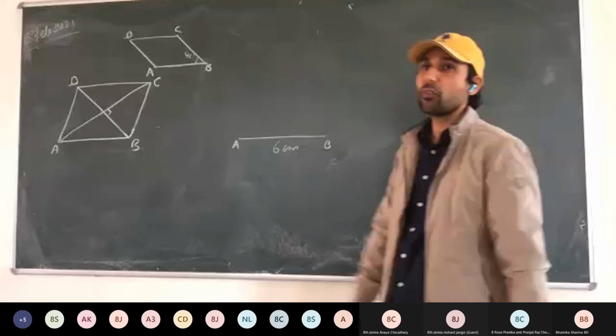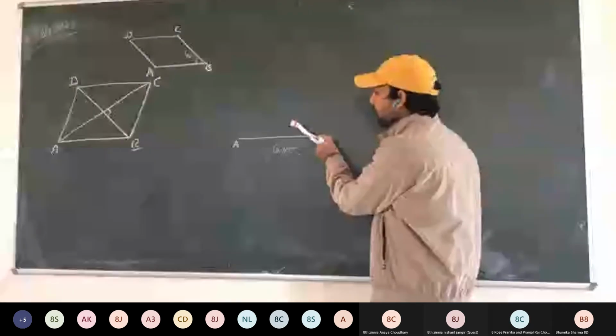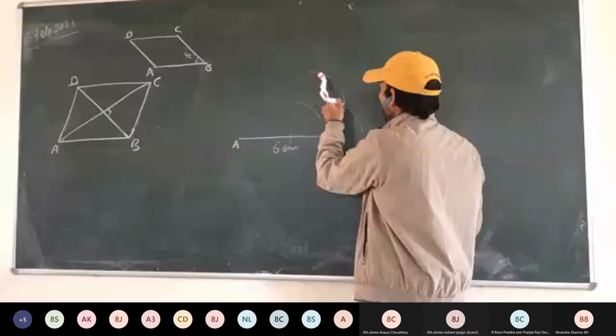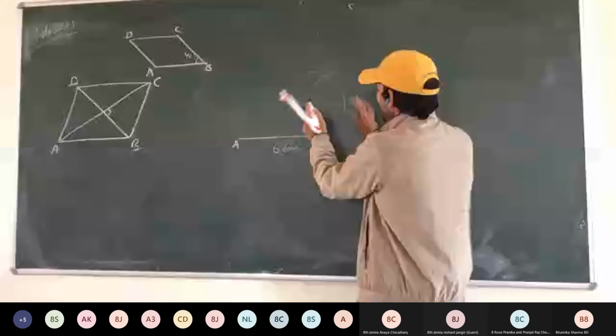Draw an angle of 90 degrees at B. Put the tip of the compass at B. Now this is 90.